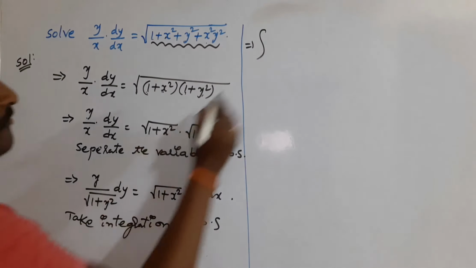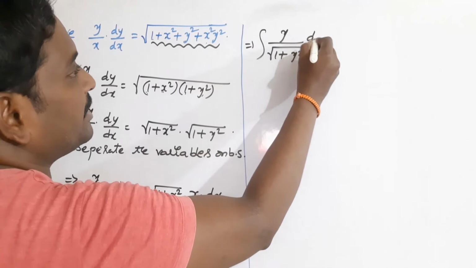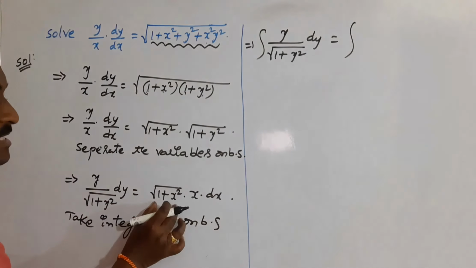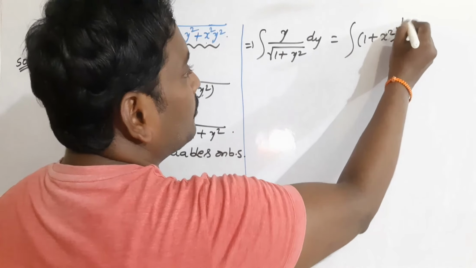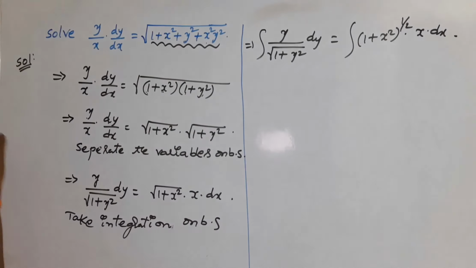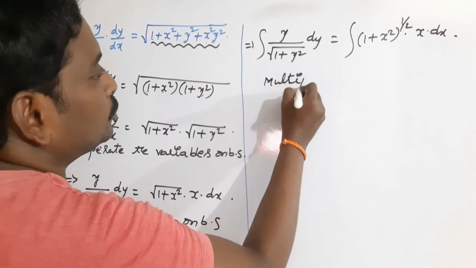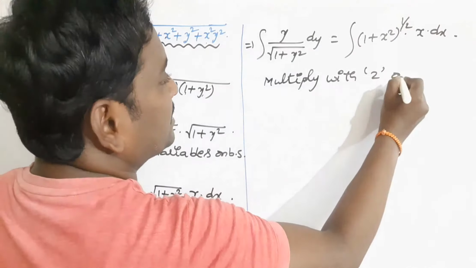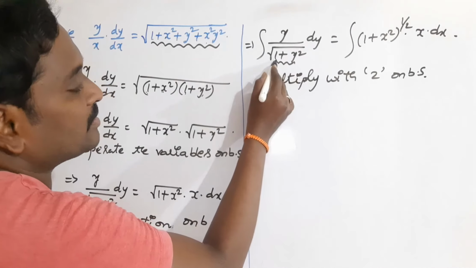integration of y by root over 1 plus y square into dy is equal to integration of, I will write this root over 1 plus x square as square root is nothing but whole power 1 by 2 into x dx. Okay, so here I will multiply with 2 on both sides because here we have 1 plus y square inside the root.